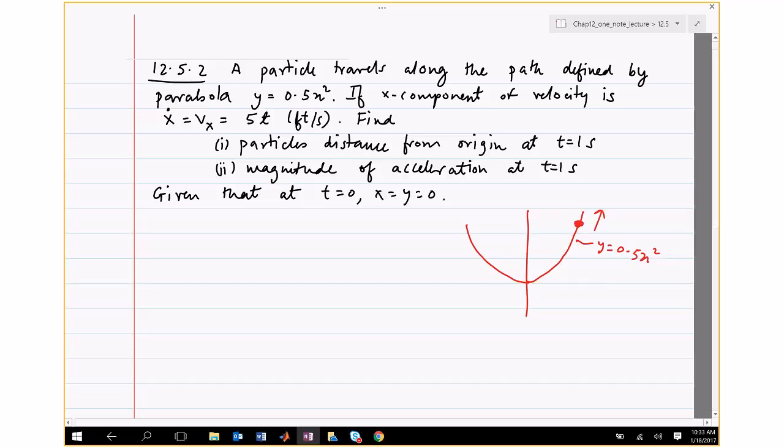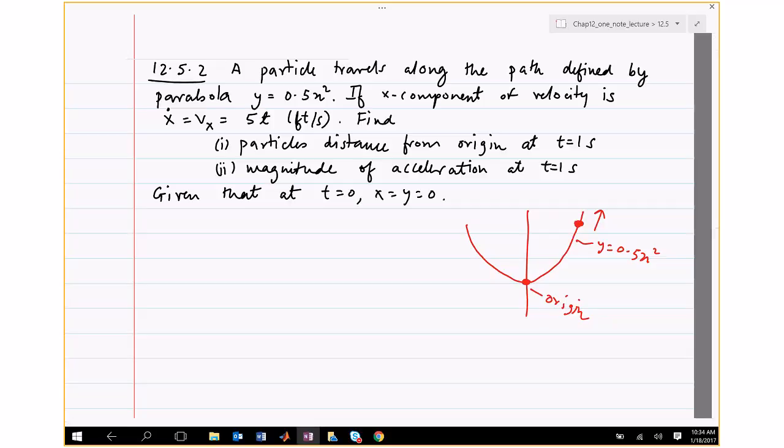You're given the x component of the velocity, that's 5 times t. You want to find the distance the particle travels from the origin, till the time is 1 second, and then you need to find the magnitude of the acceleration.